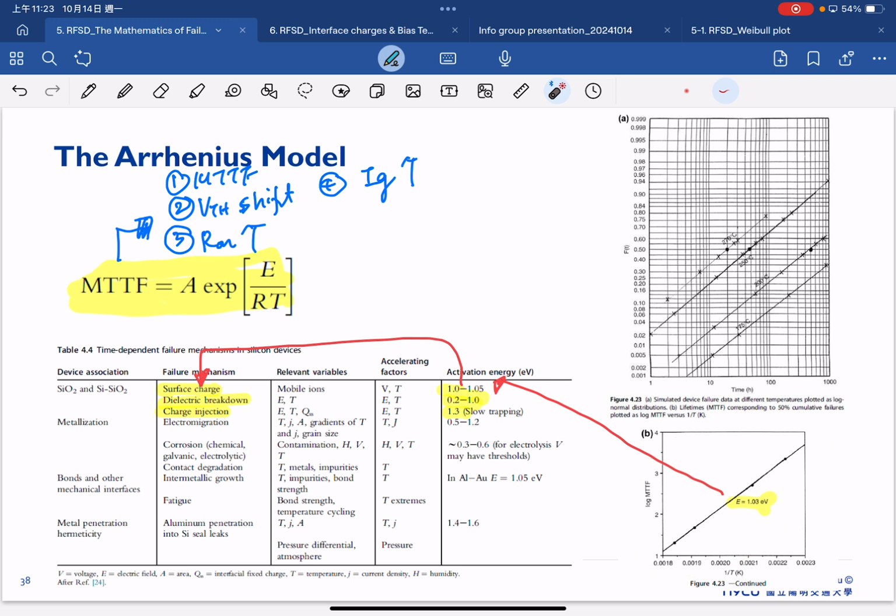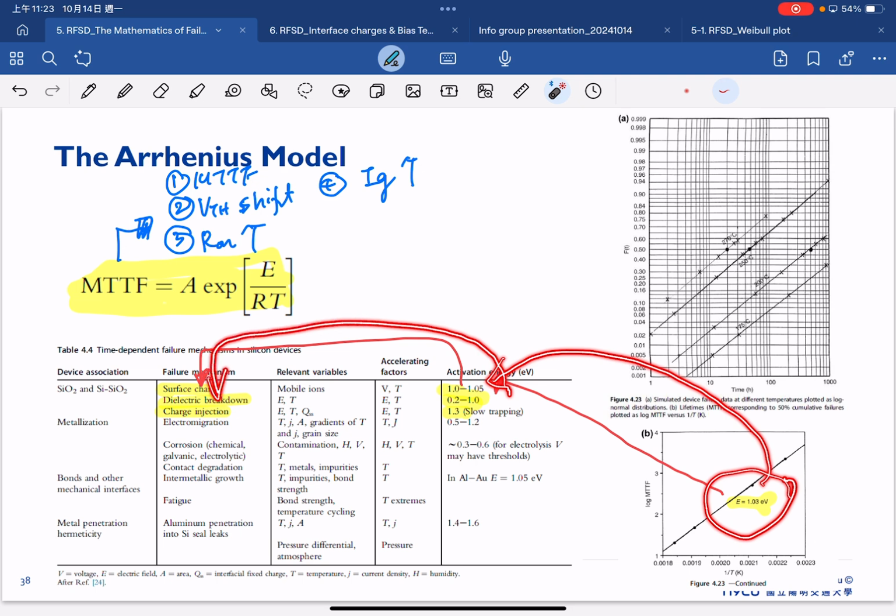That's the usual way we use the activation energy. Activation energy is not only a pure number. In the end, we need to use this number to go back to check the literature, and from the literature we can understand what mechanism is actually responsible for this activation energy.